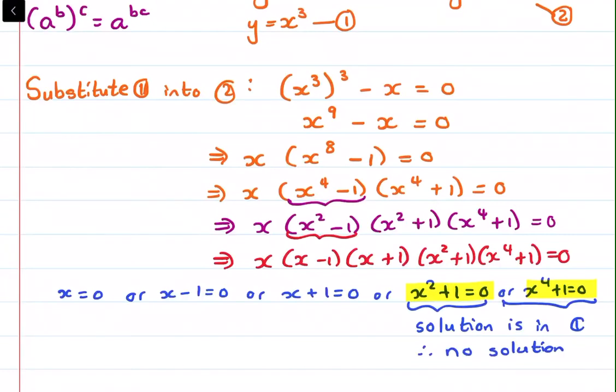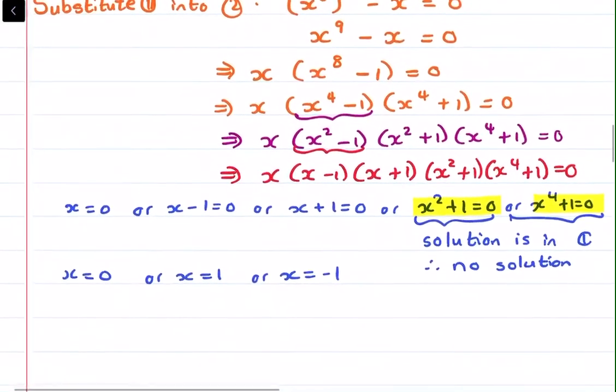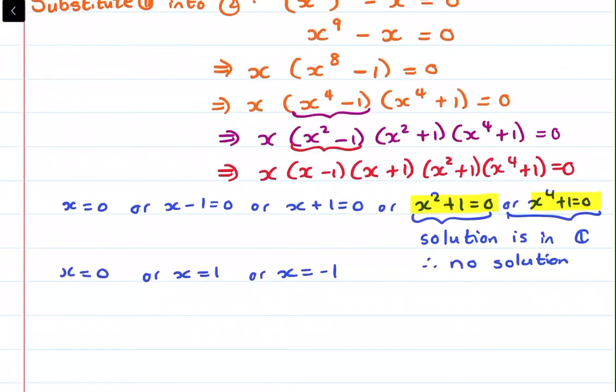And I know that this is definitely not what we are trying to sketch, okay? But you are supposed to make it clear that we do not have a solution in this case. So then what does it mean? It means that x is equal to 0, or x is equal to 1, or x is equal to minus 1.